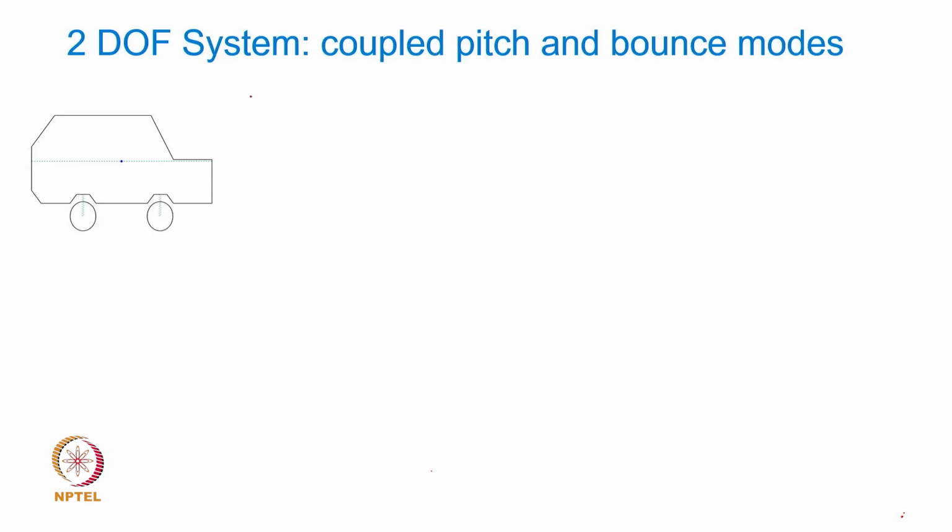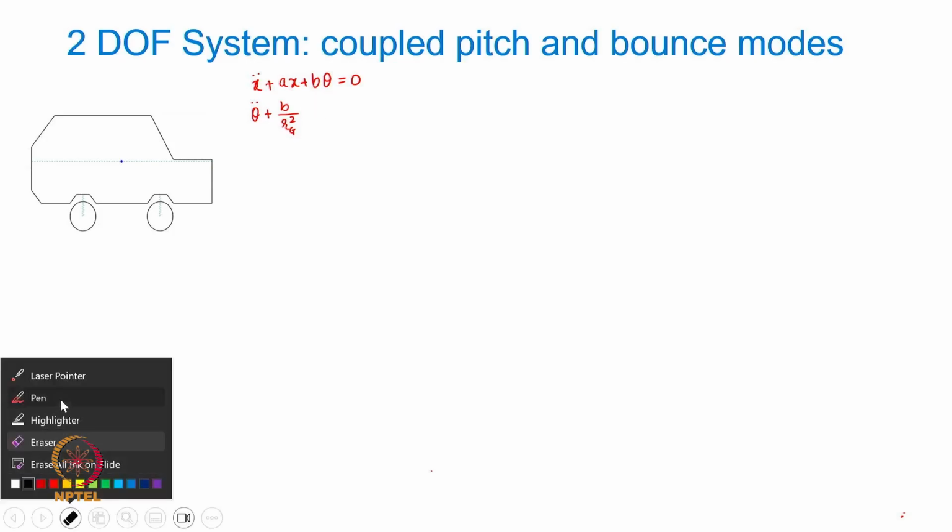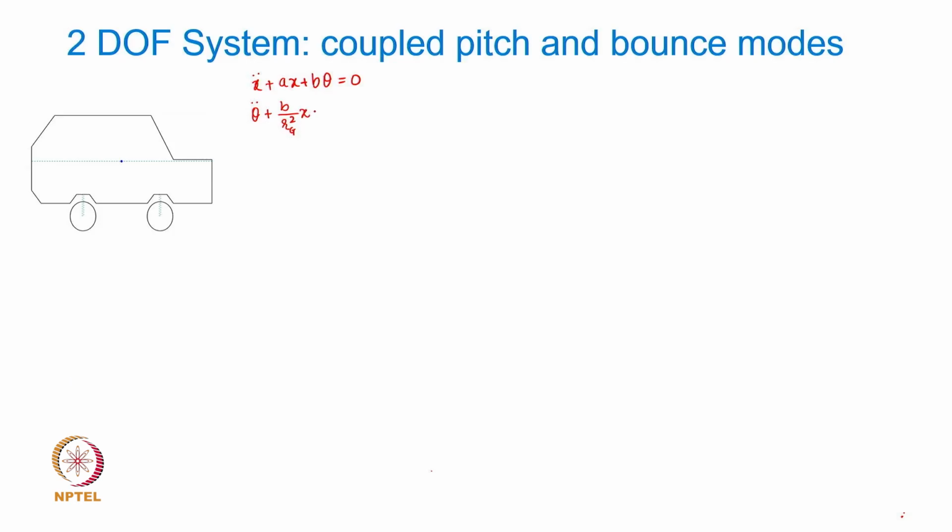Now we got the expression like x double dot plus Ax plus B into theta equal to 0, and theta double dot plus B by Rg square x plus C over Rg square theta equal to 0, isn't it?